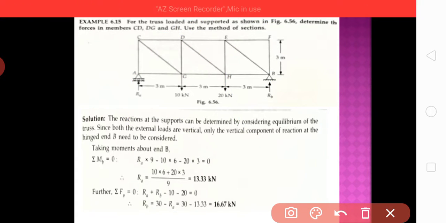So RA into 9, that is 3 plus 3 plus 3, because its line of action is this and its vertical distance from the moment center is 9 meter.